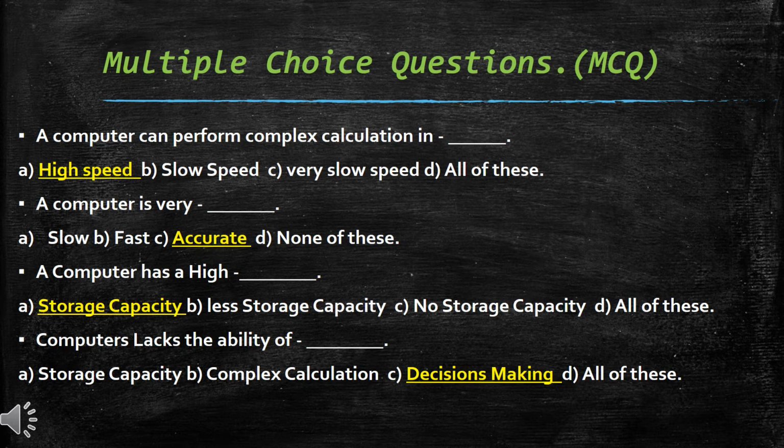The computers lack the ability of decision making. That means students, remember, computers cannot make their own decisions. Since they are machines, they rely completely on humans. Whatever command we give, the computer will react to it. It will not take its own decisions.